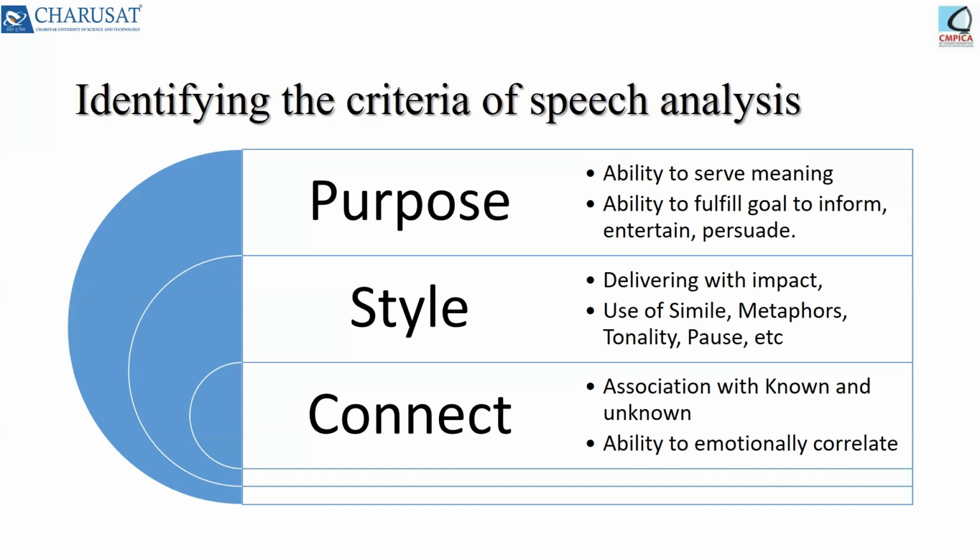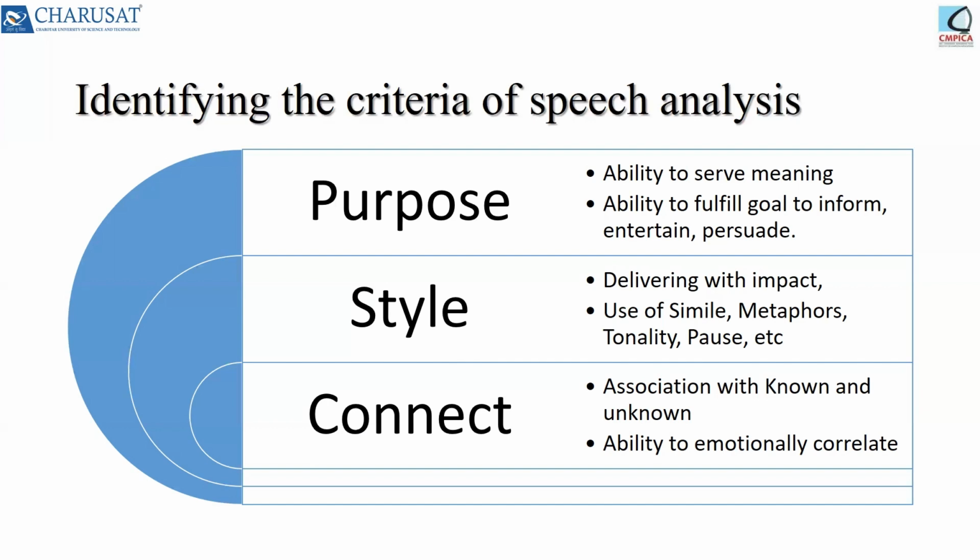So therefore, there has to be a purpose, and with that purpose, there has to be a style, your own very style, delivering with impact, which is basically the use of simile, metaphors, tonality, and pauses. Once we start analyzing these speeches, once we start categorizing the key qualities of the speech, we need to understand there is a use of language which is specifically used to influence, to persuade.